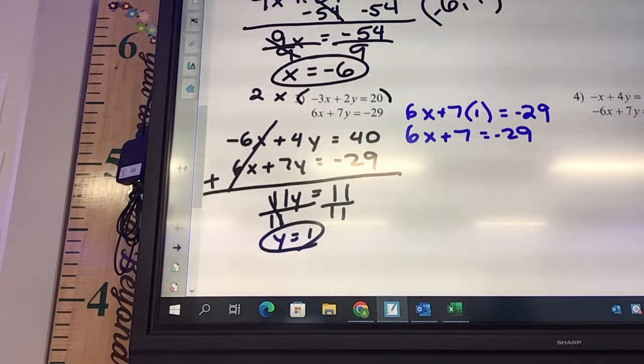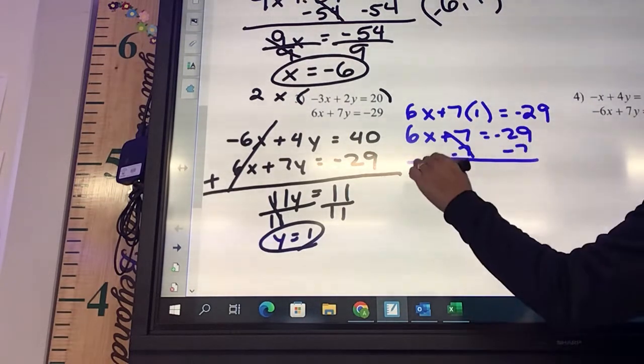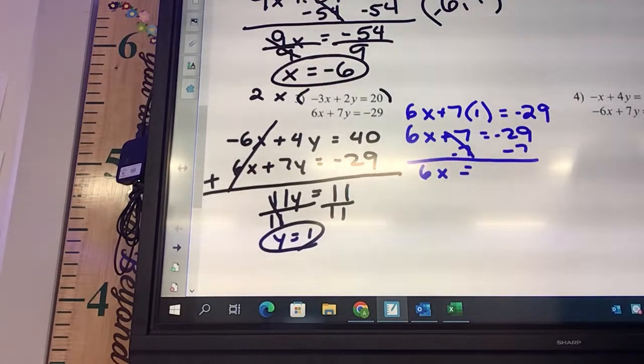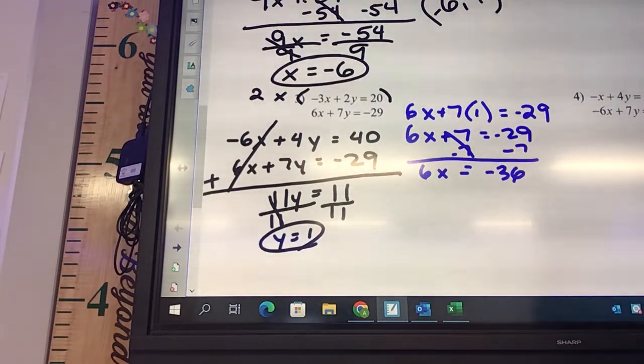Okay, and then what? Minus 7, minus 7. So we got 6x equals negative 36. Okay, and then what? Divide by 6.